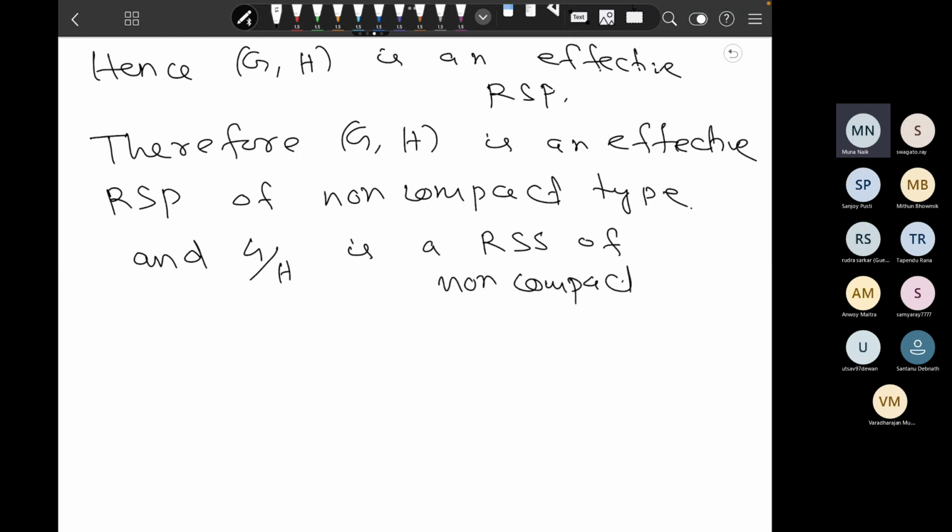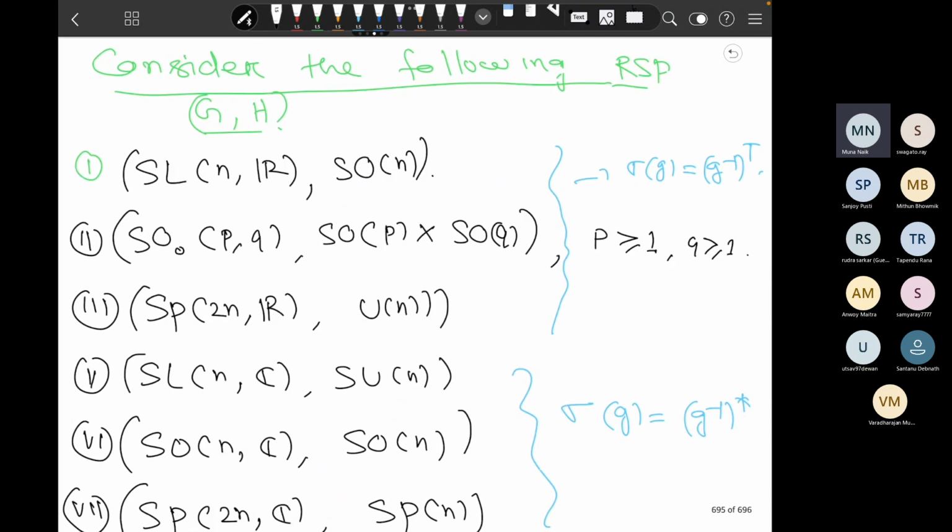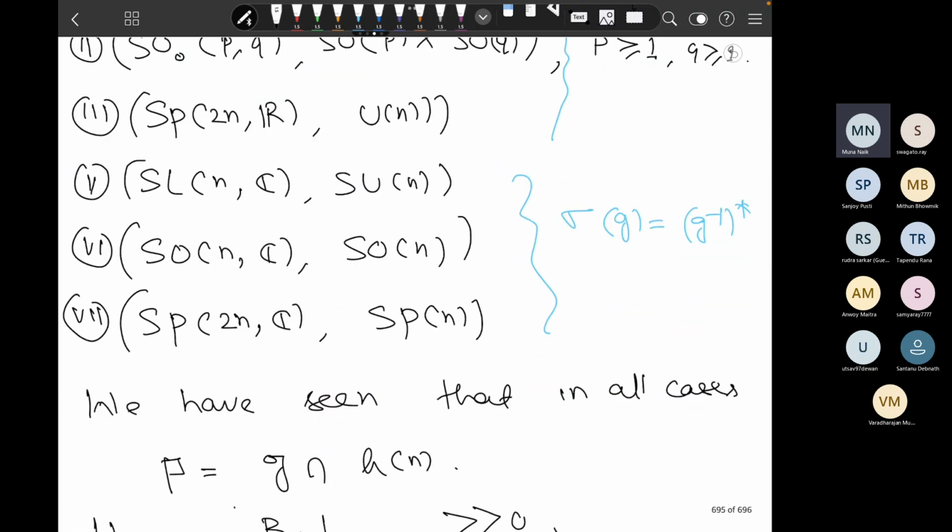Now we have to make some minor exclusions.